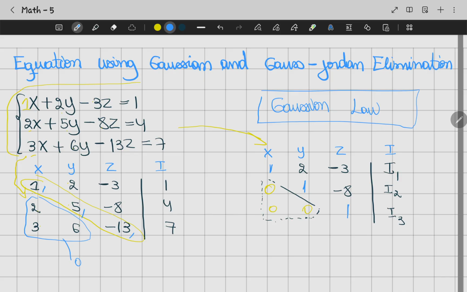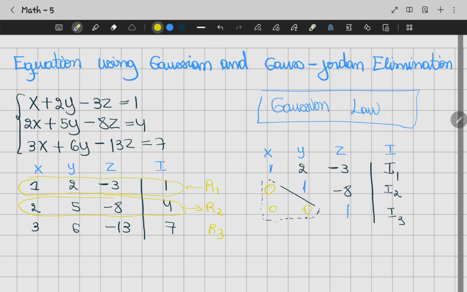The next thing that we're going to do, and what you should know, is we're going to name these as row 1, row 2, row 3. What I mean by that, all of this is row 1. This is how we're going to calculate the elimination.